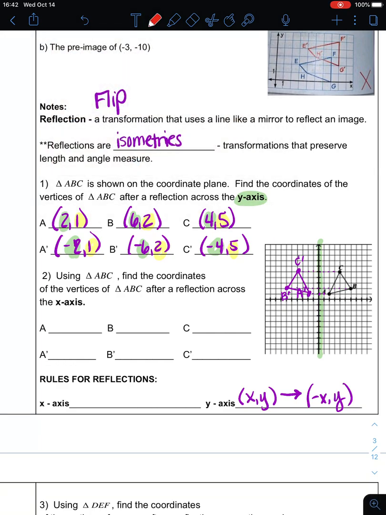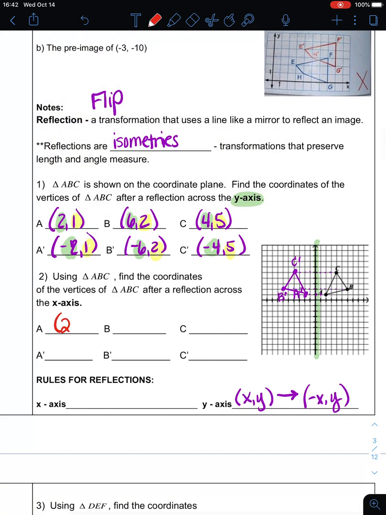Now let's go back to our original. Let's rewrite our original coordinates: 2, 1, 6, 2, and 4, 5. Now I want to reflect across the x-axis. So here is my x-axis. I want to take my original shape and flip it across the x-axis, so it's going to change vertically. A is 1 above, so it will be 1 below.